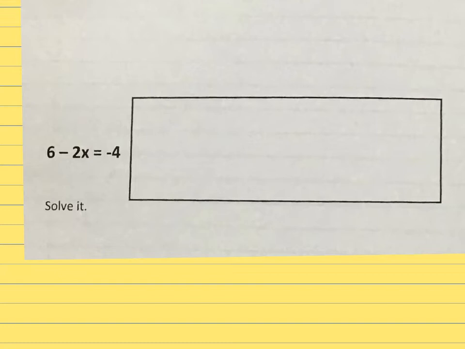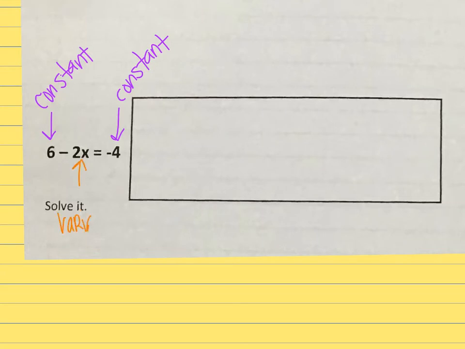So this is my constant number because there's no variable with it. This is also a constant number. And then the one with the letter X, this is my variable. And we're not going to solve it, we're just going to draw it today.